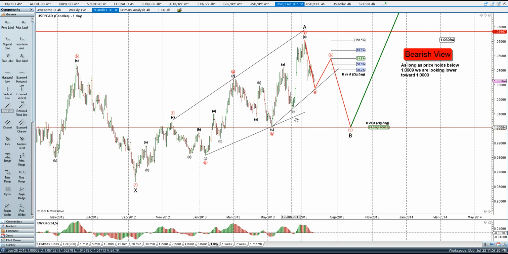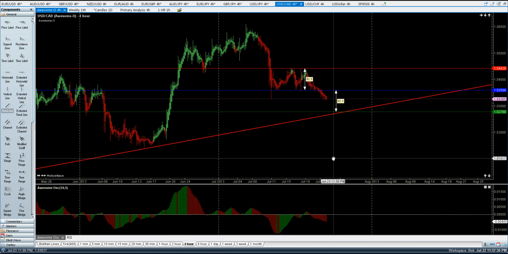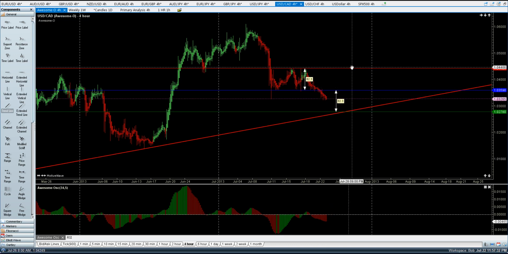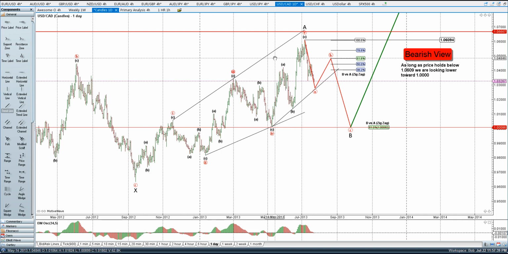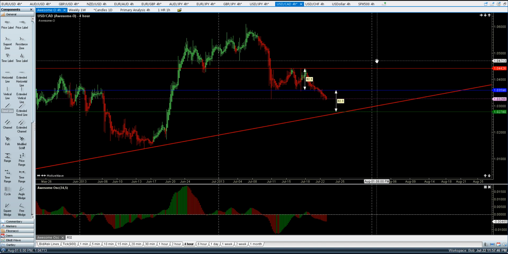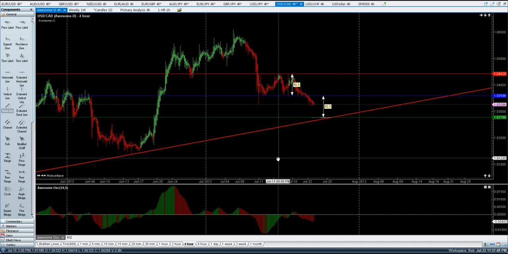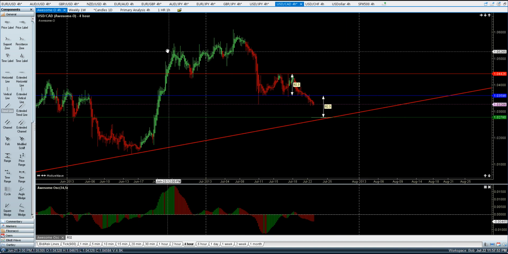What I was looking for is the A, B, C. It'd be nice, we could possibly play that B wave up, but 484 from here, a couple hundred pips if we got the signals, but I'd be more interested in playing the C wave down.